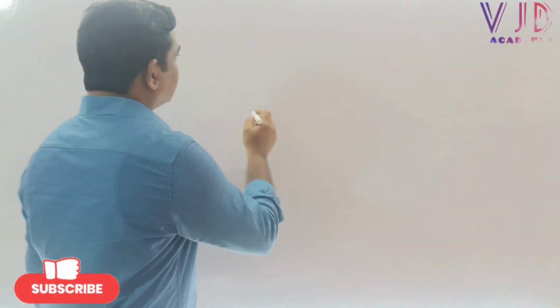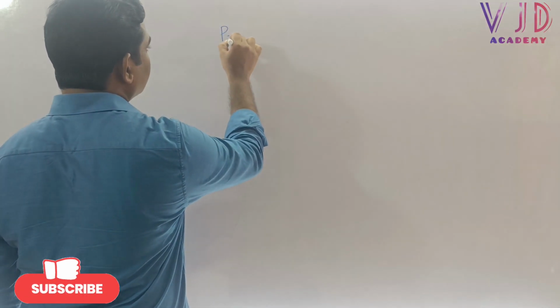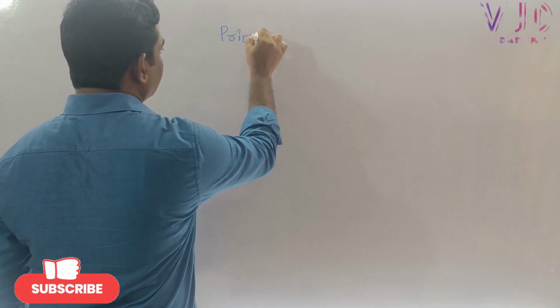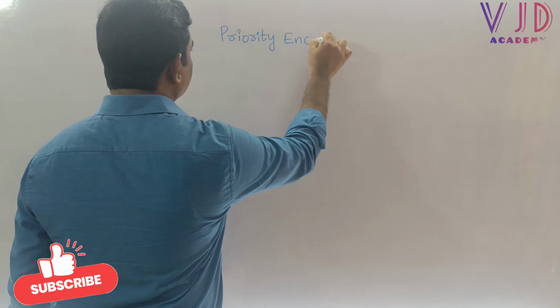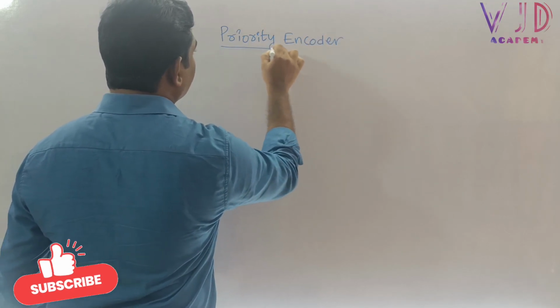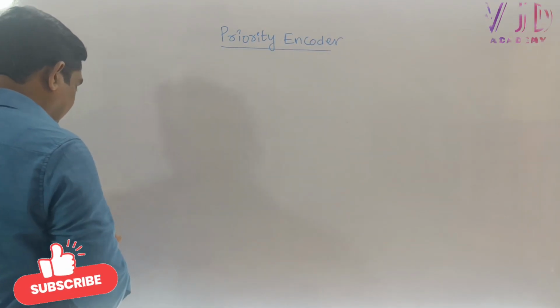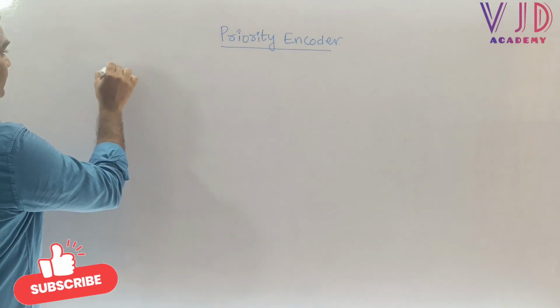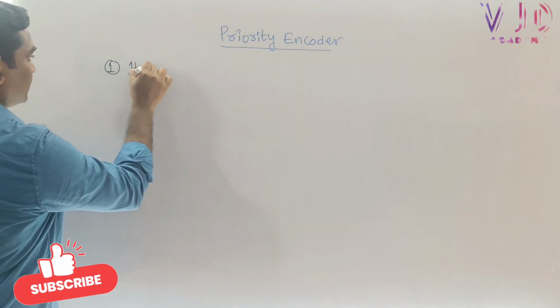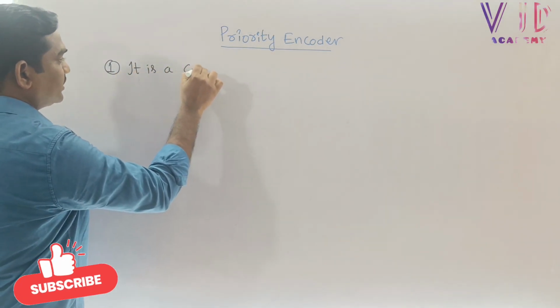Make a heading: priority encoder. It is a combinational circuit basically. Let me write the first point: it is a combinational circuit.